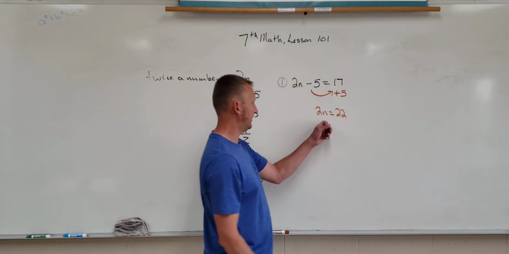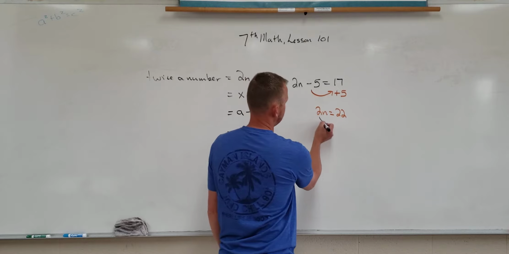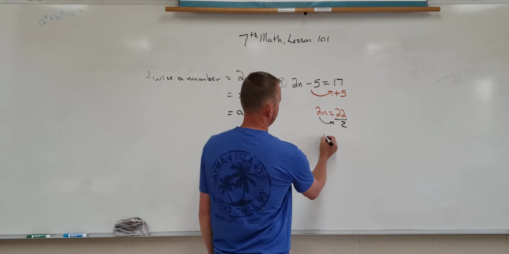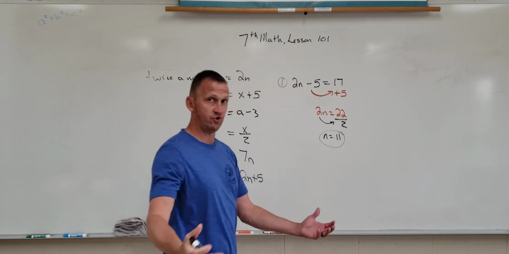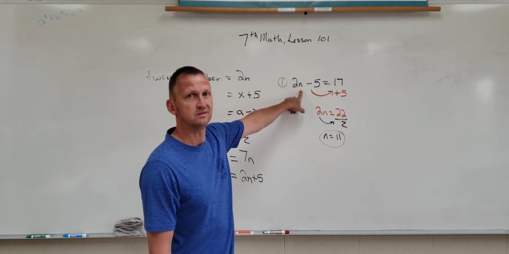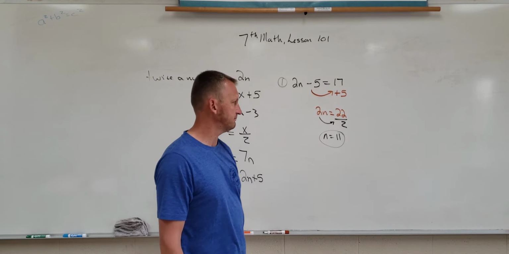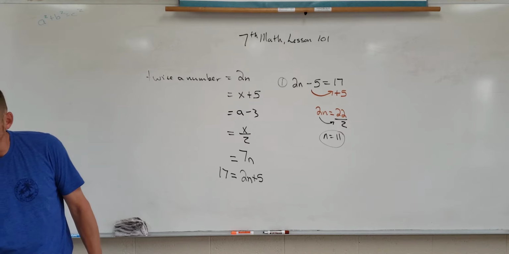Then I'm multiplying here, so I need to take it across and divide. 22 divided by 2 is 11. Now, just double check yourselves. 2 times 11, 22, minus 5, 17. So it works.